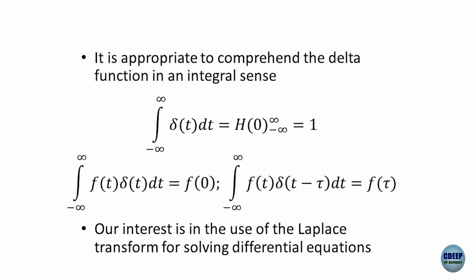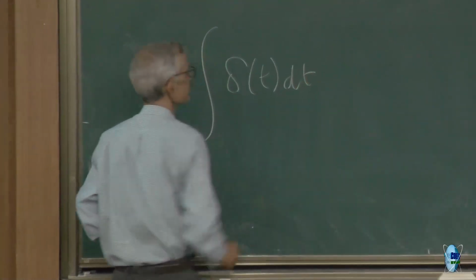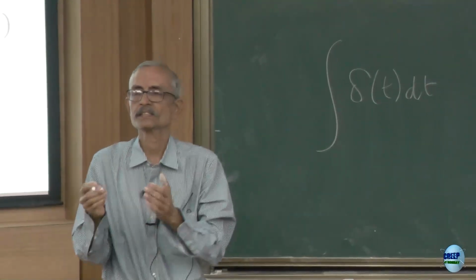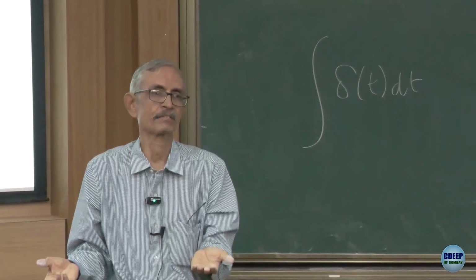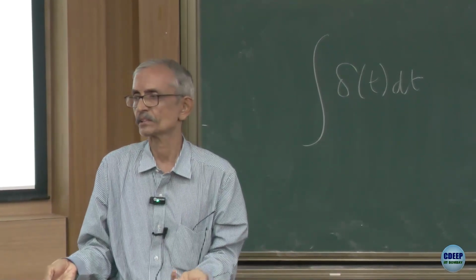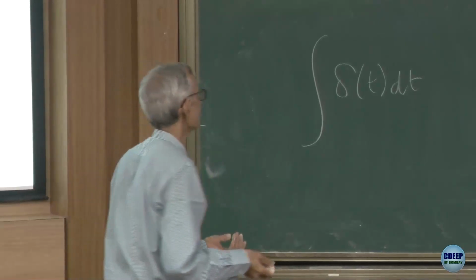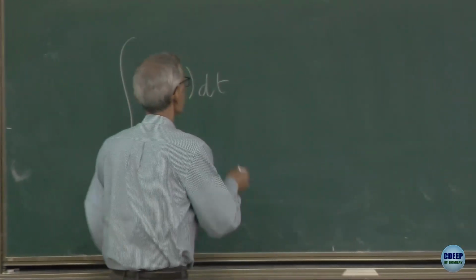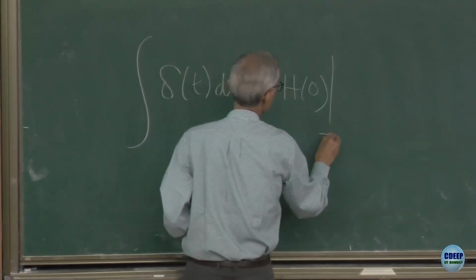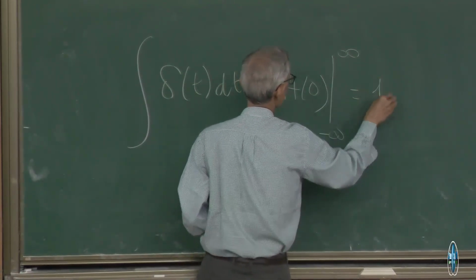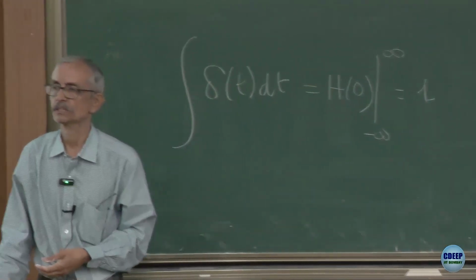All right. So now let us go ahead and see formally what the integral of this is. Remember we said that the delta function is a derivative of the Heaviside function, which means that the integral of the delta function has to be the Heaviside function itself. So the integral of delta dt from minus infinity to infinity happens to be equal to unity.